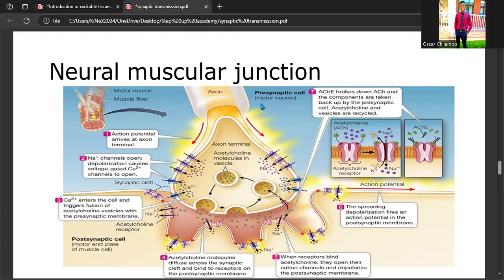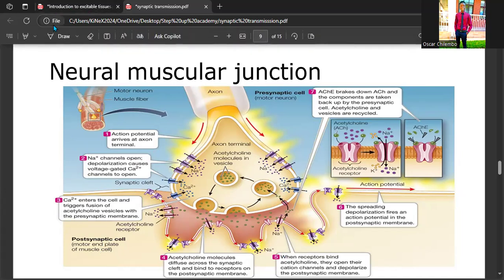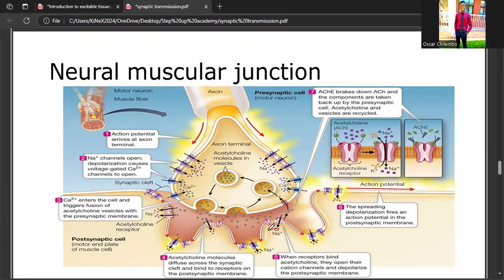So there's no major difference between the neuromuscular junction and the synapse, except that on the postsynaptic cells, they have what we call nicotinic ligand-gated sodium channels. These sodium channels are the ones which depolarize the muscle cell. As I mentioned, each and every neuron produces its own action potential, and the same with the muscle cell.